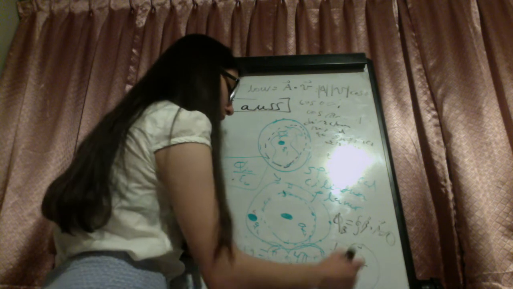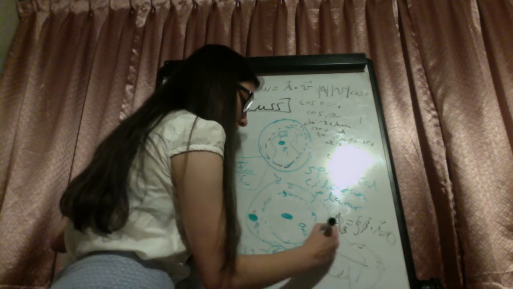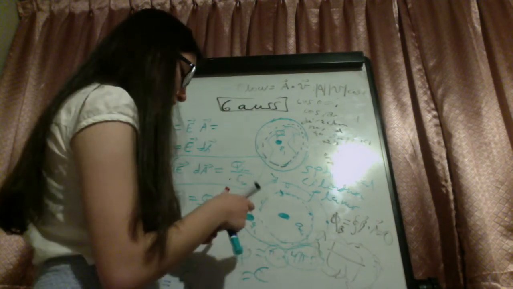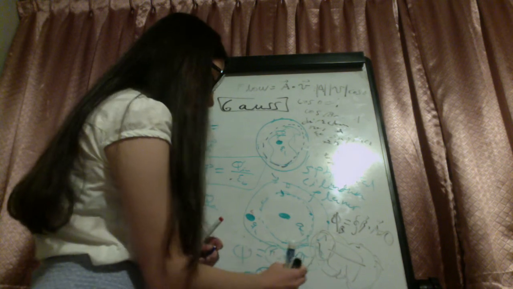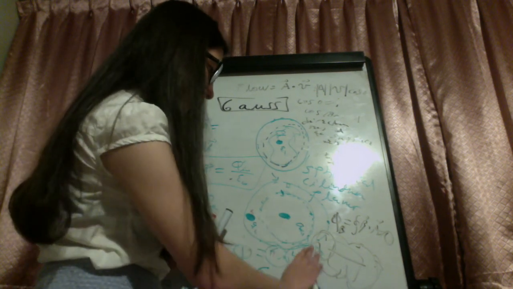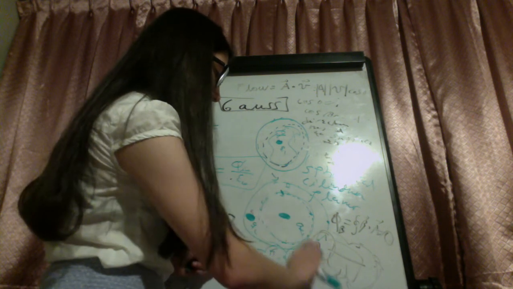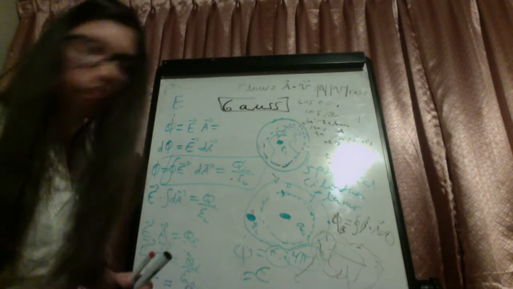The direction is always in this, from north to south, like this. So whenever I take a part, something like here, the magnetic flux here is coming, and here is going out. Here is the north pole, this is the south pole, so it's going in this direction.